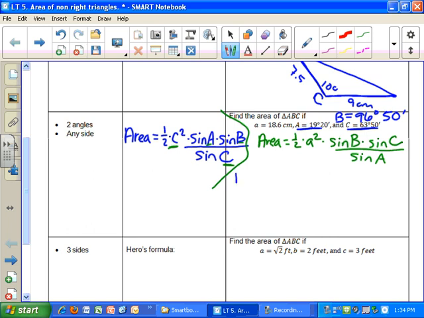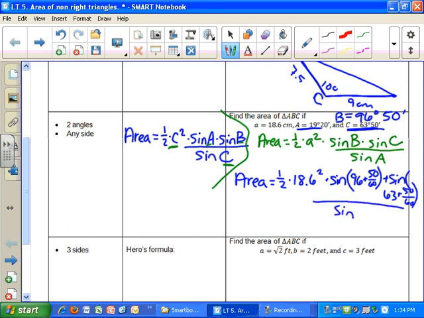Now we can plug those all in and we can say that the area equals 1/2 times 18.6 squared times the sine of B, which would be 96 and 50/60ths, plus the sine of C, which would be, where was it? 63 and 50/60ths, all divided by the sine of A, which was 19 and 20 minutes, or 20 out of 60.